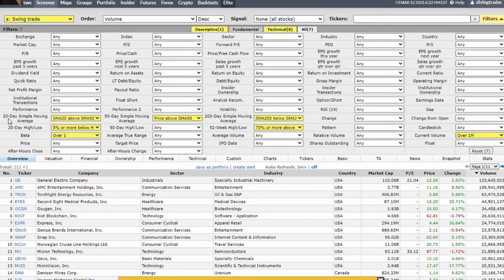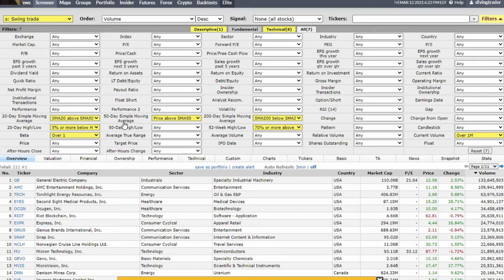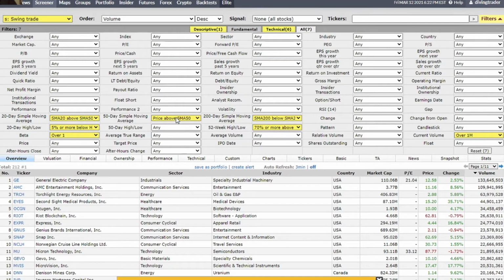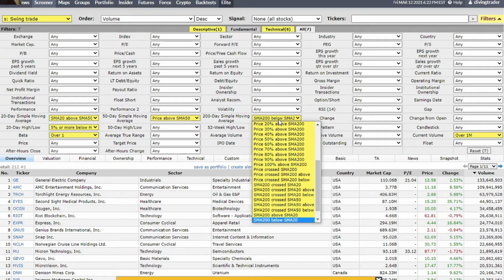For the first one, the 20-day simple average, we want the 20-day moving average to be greater than the 50-day. On this one, we want the price to be above the 50-day moving average. And third, we want the 200-day moving average to be below the 20-day moving average.